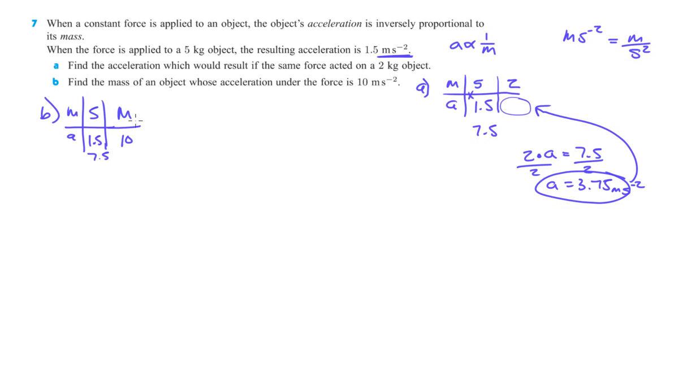It's the same idea. 10 times M has to equal 7.5, because that's what the first set is, and it says that it's inversely proportional. So simply divide both sides by 10, and the mass in this case is going to have to be 0.75 kilograms. Okie dokie.